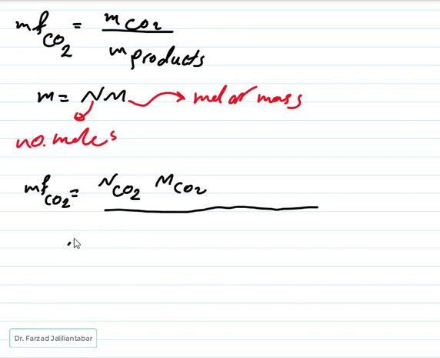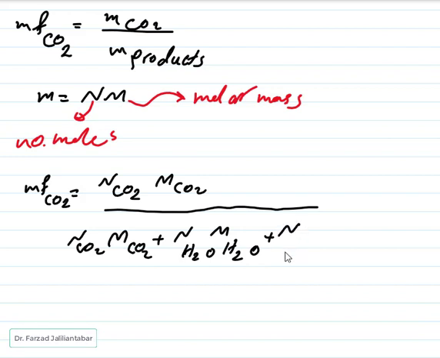For the products, we have the number of moles of CO2 times the molar mass of CO2, plus the water in the product, and also the nitrogen. So this is the mass of the products. The mass of CO2 divided by the mass of the products will give us the mass fraction of CO2 in the products.